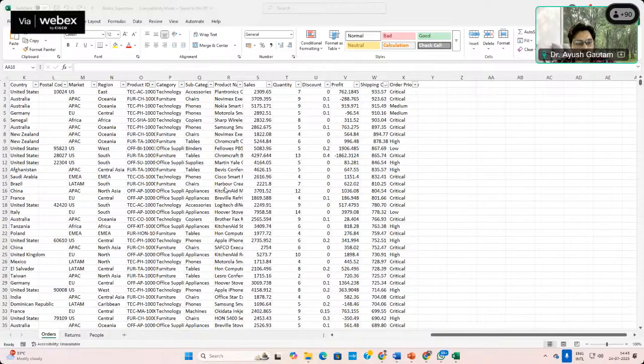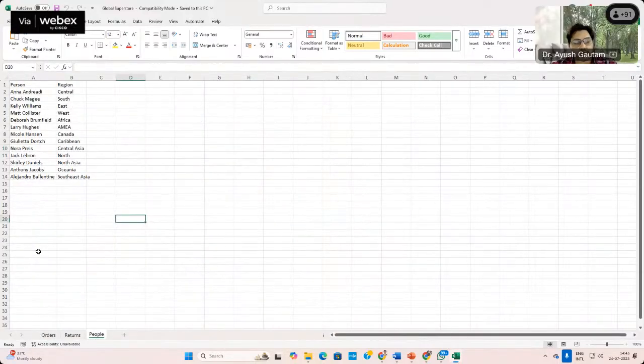So suppose this is a given data set of an industry, Global Superstore. This data file has three subfiles: orders, returns, and customers. This data has the names of the customers, and these are the regions the customers are coming from: Central Asia, South Asia, East Africa, Canada, Caribbean.